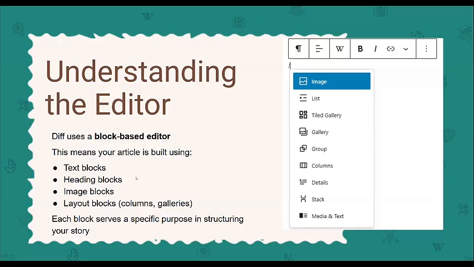The heading blocks section the article into different parts, so I know that I'm reading the introduction, the impacts of the project, or the conclusion. We also have the image blocks, where you can put your images however you like. We also have the layout blocks, which come with columns and galleries. You're going to see that. Each of these blocks serves a specific purpose in structuring your story, and you need to use them wisely.